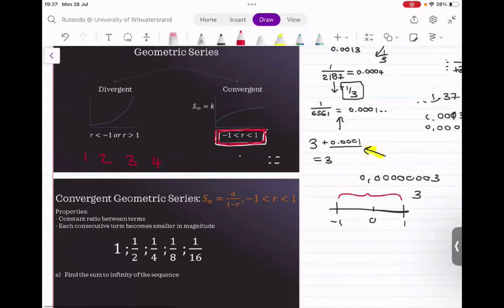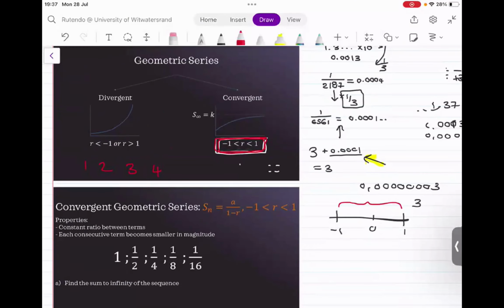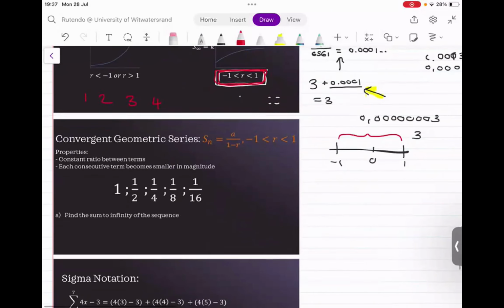So with this convergent series, then we can have sums to infinity, and the formula, let me just check. I think it's correct. I just couldn't find a way to put an infinity there. Yes, this is fine. So you can then get asked, what is the sum to infinity of the sequence, right? And the sum to infinity is this formula here.